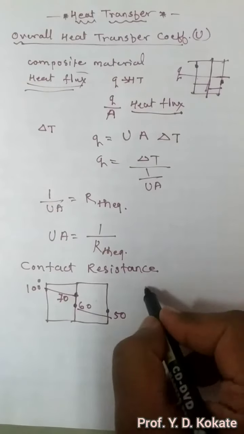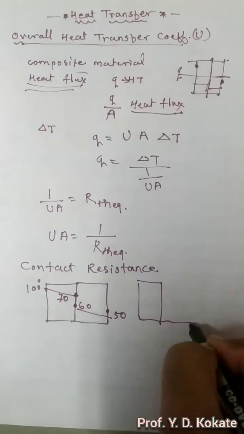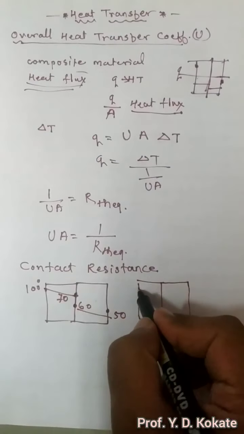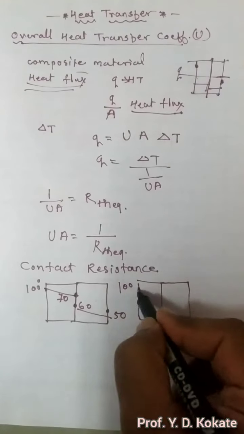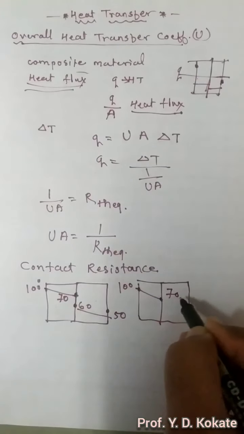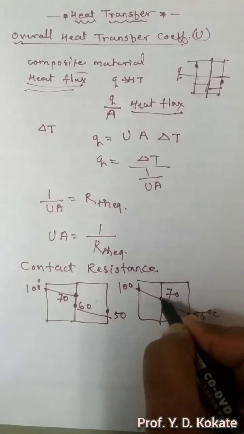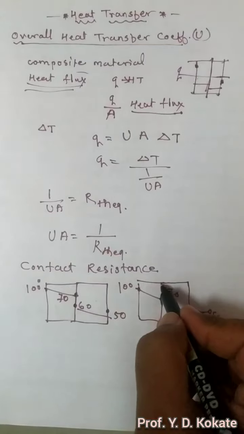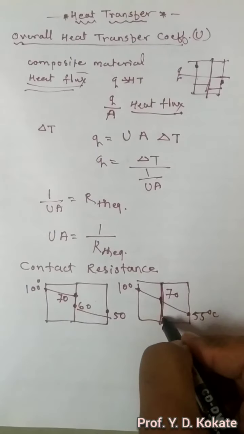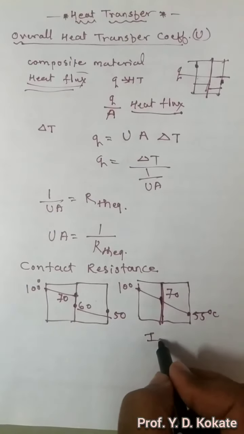Ideally, if I draw the same example, here I will get 100 degrees Celsius, here I will get 70 degrees Celsius, and here, let's say, 55 degrees Celsius. So there will be no temperature drop at this surface in the ideal case.